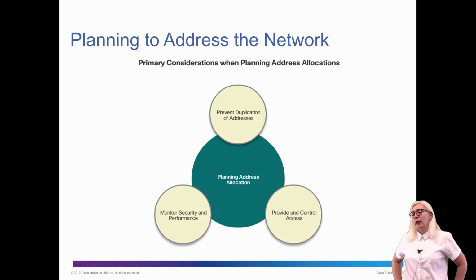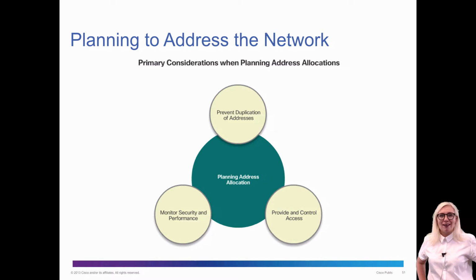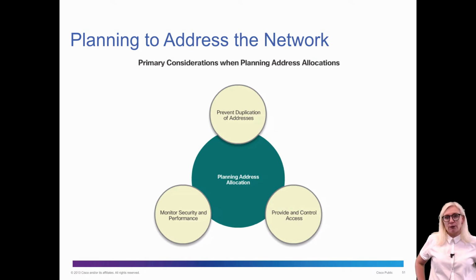So when you look and plan to implement your IP addresses, there are different things you have to take into consideration. For instance, you need to prevent duplication of addresses. You have to monitor security and performance and provide control and access.